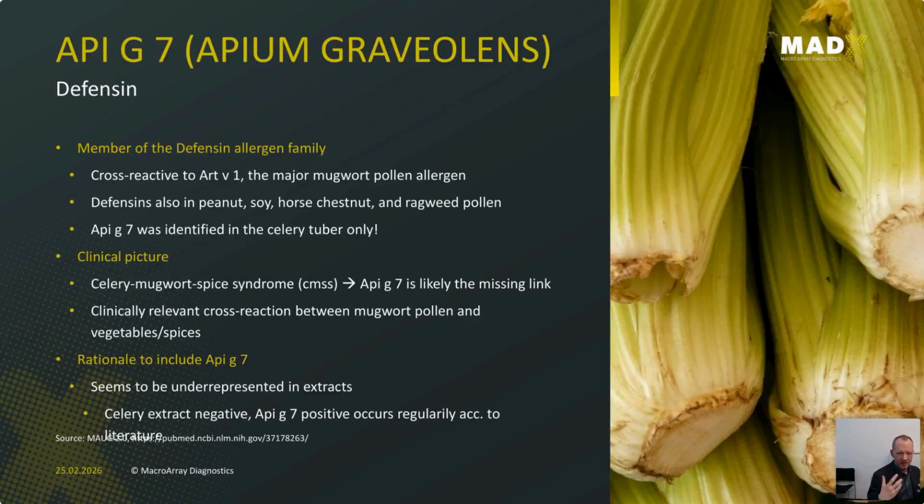The theory here is that the missing link within this syndrome could actually be Api g 7. The rationale for including it additionally is that a plant defensin is typically underrepresented in extracts. So if you do any kind of testing with an extract, you're likely to get a false negative result due to the fact that this particular allergen is underrepresented, again arguing for its inclusion in an allergy-based test.